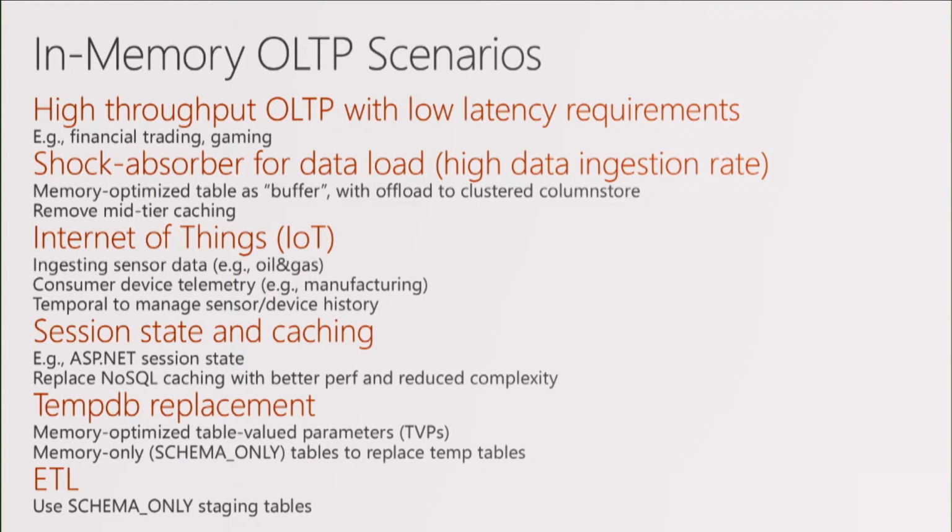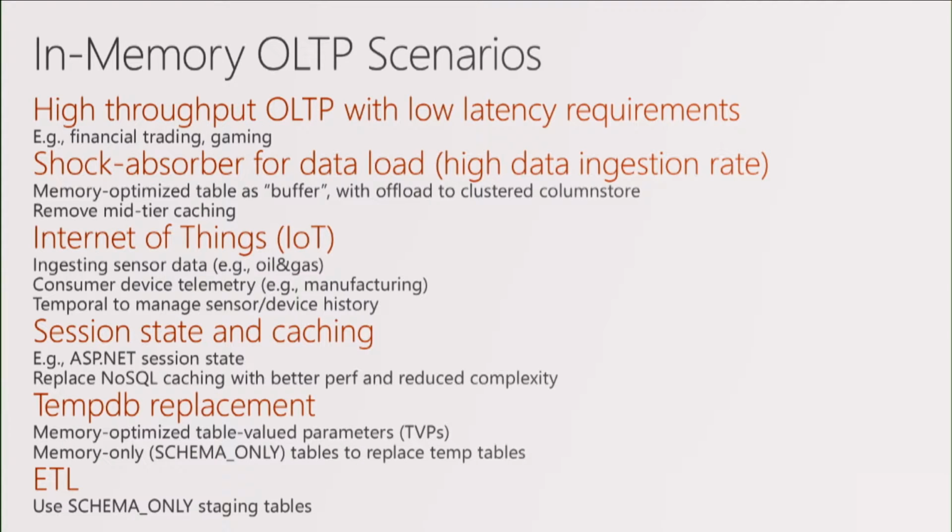High throughput OLTP is the core scenario that we had in mind when building this technology. That is where you have a lot of transactions happening at the same time, and you need low latency.